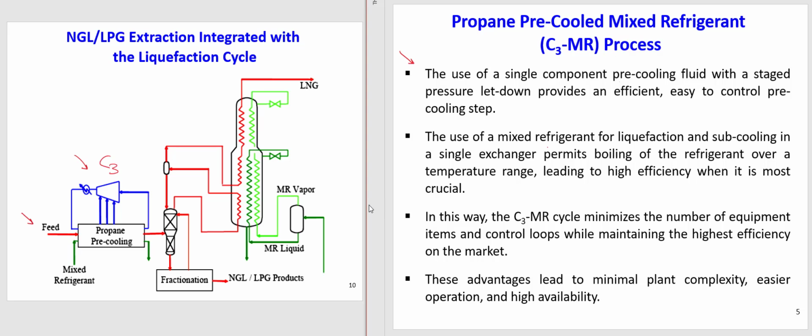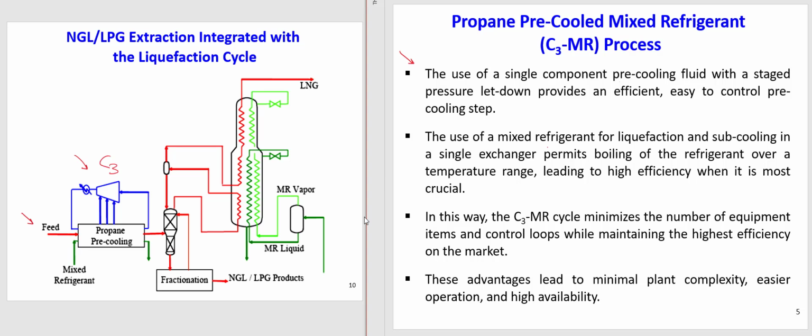Subcooling means we have superheated vapor, saturated vapor, two-phase, saturated liquid and vapor, then saturated liquid, then subcooled liquid. So the use of mixed refrigerant for liquefaction and subcooling in a single heat exchanger permits boiling of the refrigerant over a temperature range, leading to high efficiency when it is most crucial.